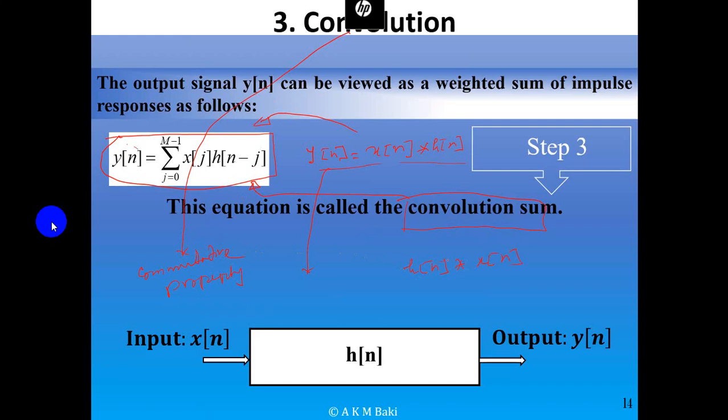It doesn't matter. I will show the general equation on the next slide, but as I mentioned, it's better to have this one. So this is also true. Now, how to write this equation in terms of this convolution sum? Who can answer?